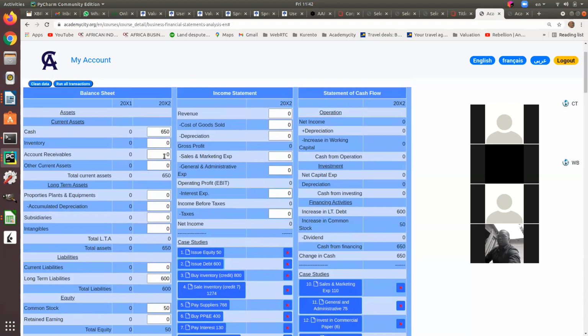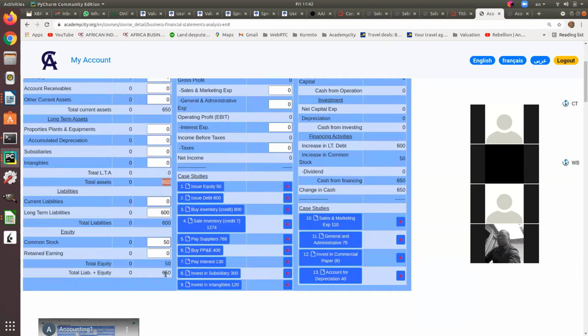So we have 650 cash, and we also have a liability of 600. Balance, yes. Total assets, 650, that's the cash we have. We have 650, it's the total of loans we took from the bank, and 50 we raised as equity.